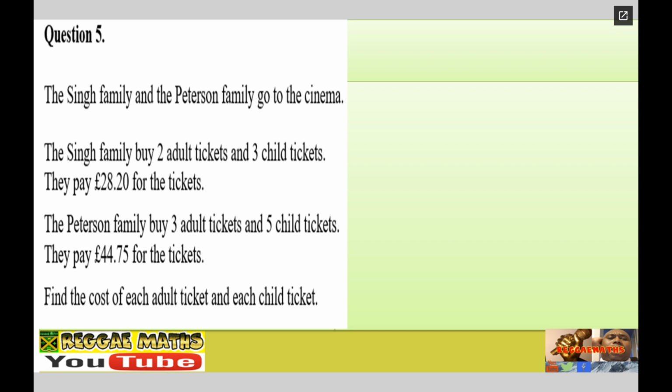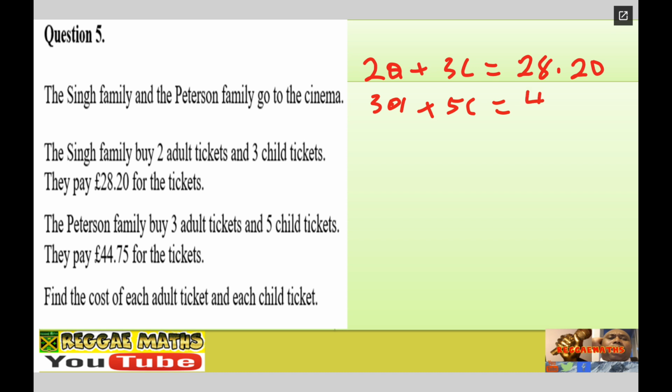So we got 2a plus 3c equals 28.20. We also got 3a plus 5c equals 44.75.